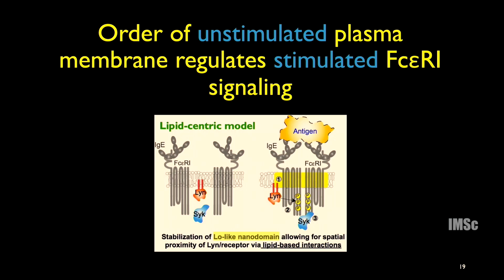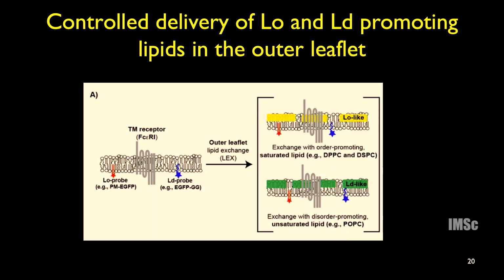So I would say that if I make my system more ordered to start with before antigen stimulation, I will see a difference, or if less ordered, I will see an opposite trend. So this is what we did in this setup experiment.